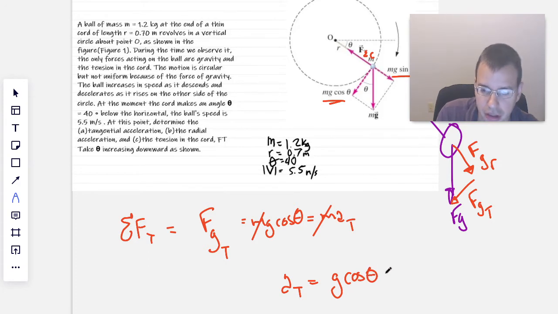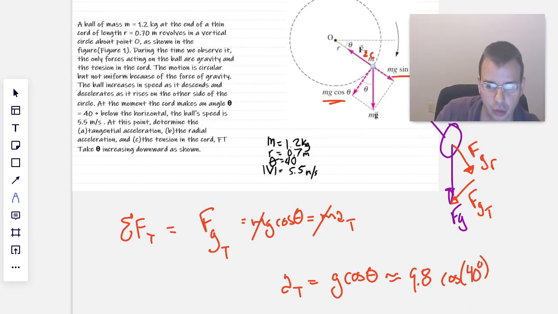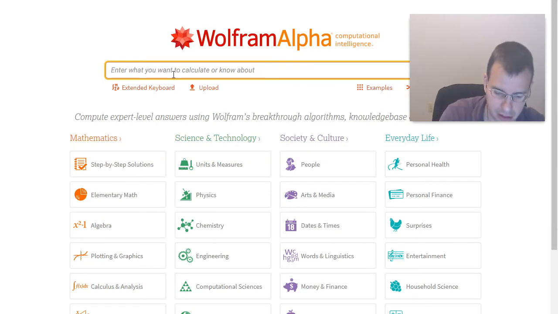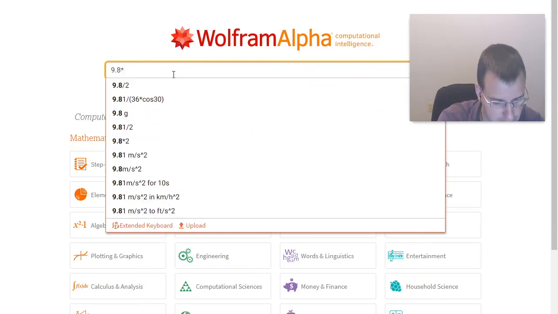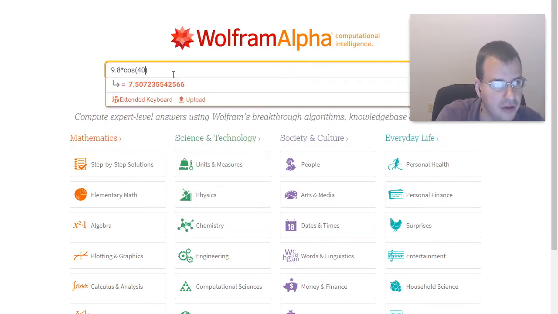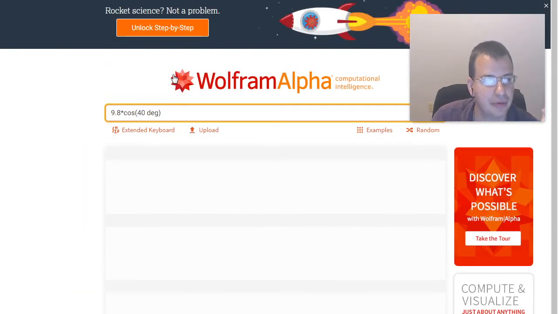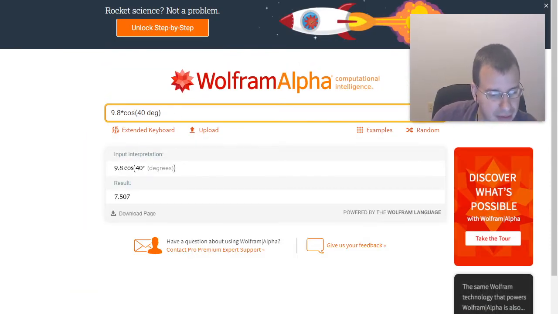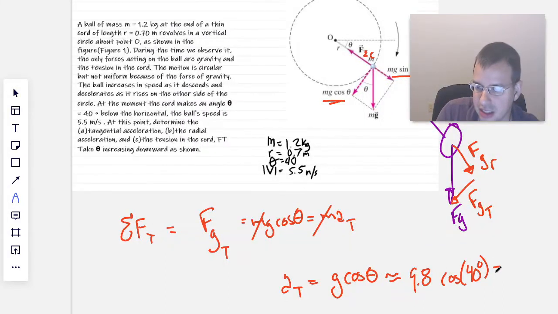Which is about 9.8 times the cosine of 40 degrees. I'll do it real quick on Wolfram. 9.8 times cosine of 40 degrees, we get 7.5. Yep, I'm good with that. It's about 7.5, and that's going to be meters per second squared.